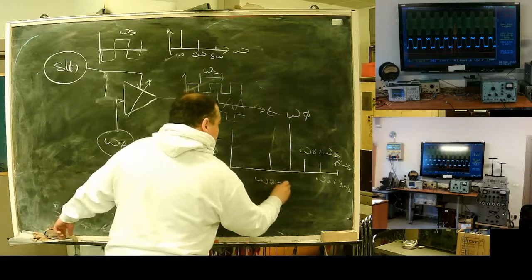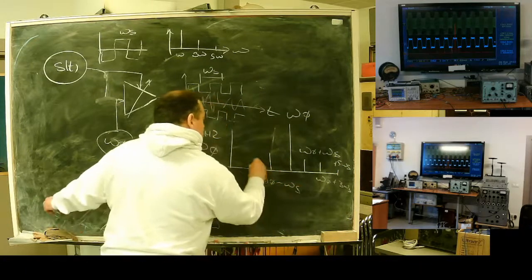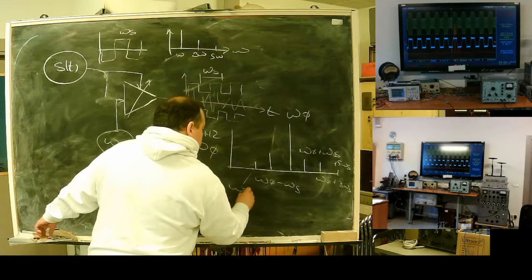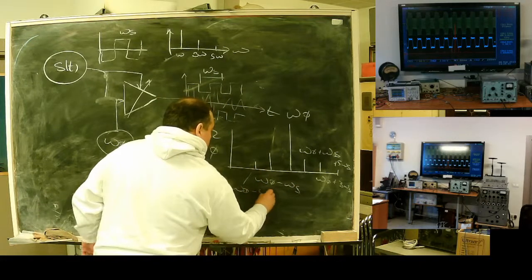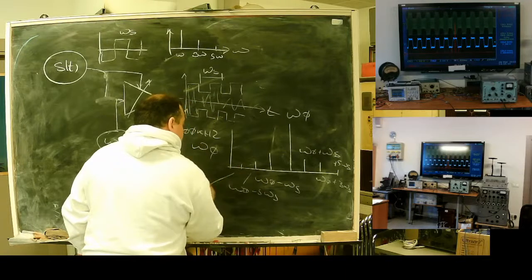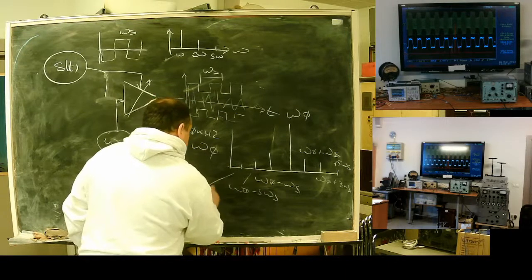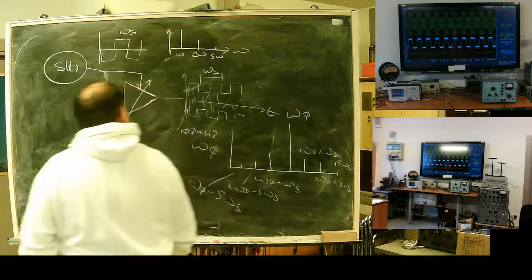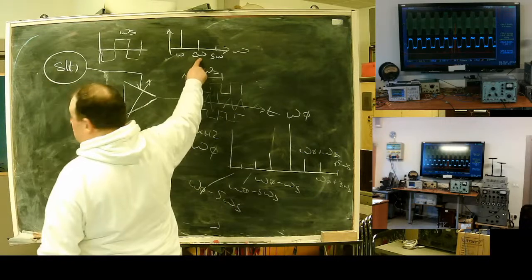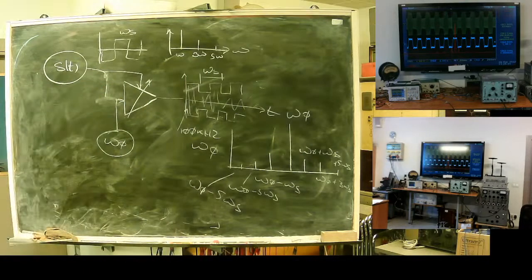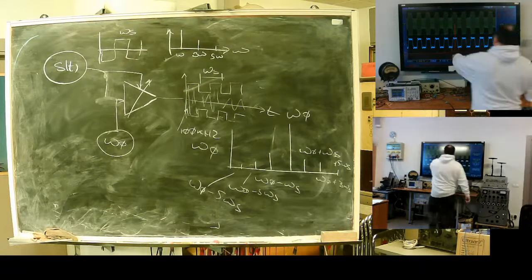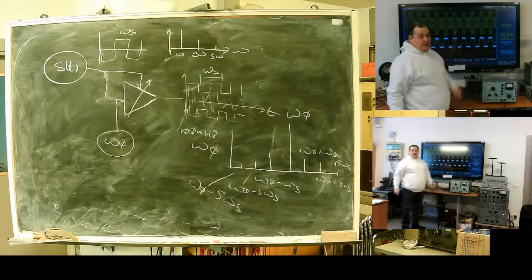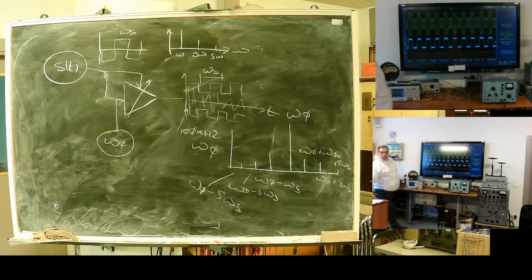Omega 0 minus omega s, omega 0 minus triple omega s, omega 0 minus 5 omega s. I have this spectrum of the signal located around the carrier frequency. That's how amplitude modulation works.